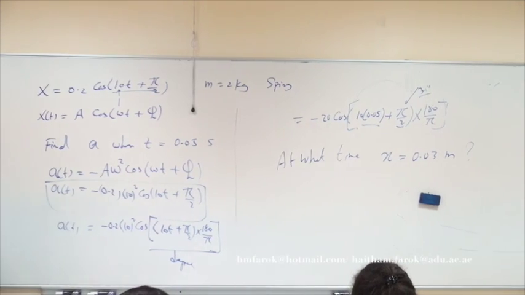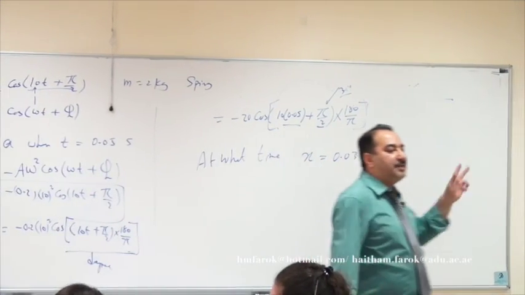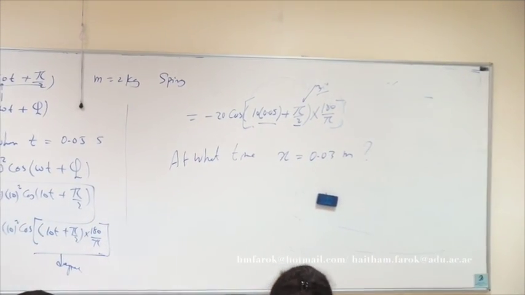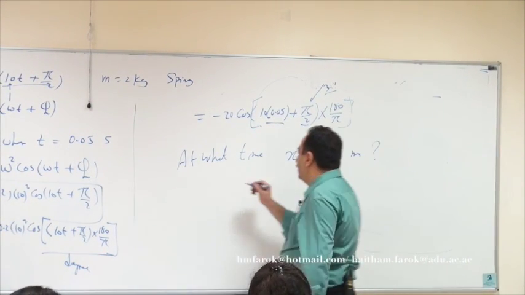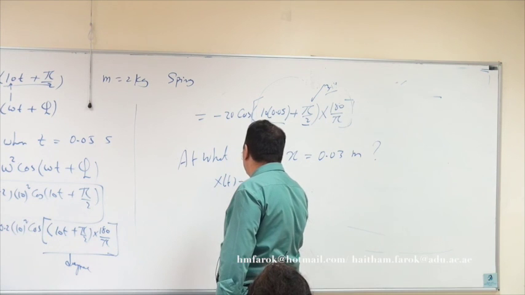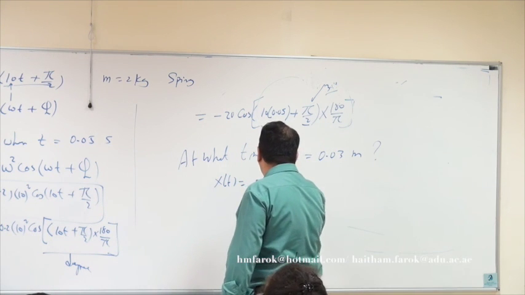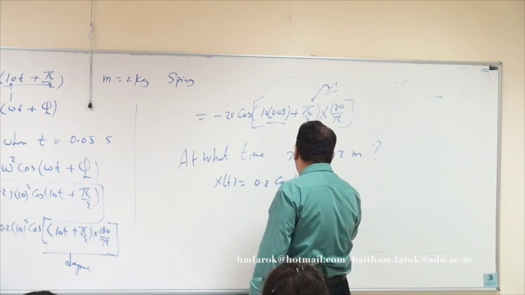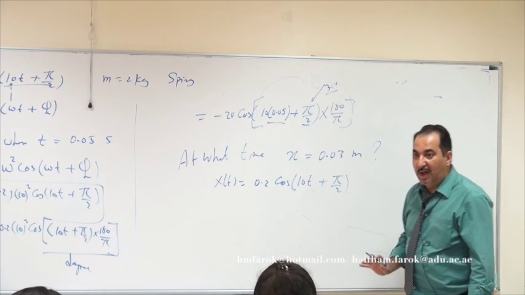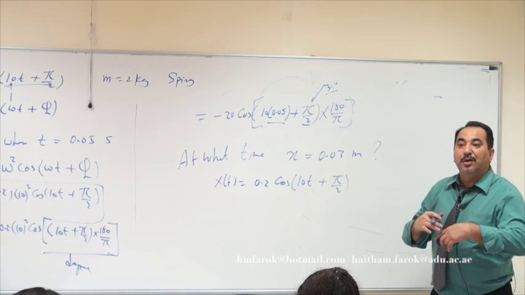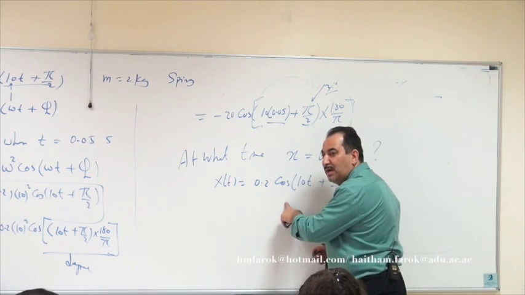Now, how do we find this one? What do you need? x(t), v(t), or a(t) here? Because you have x, so x(t) is 0.2 cosine 10t plus what? Okay, we said this. I don't have to repeat. Before you do anything, you must multiply this one.